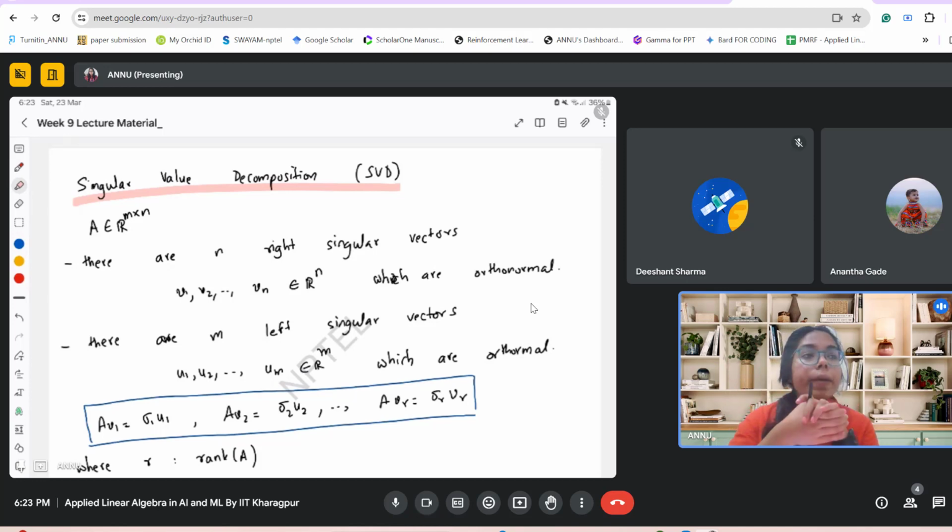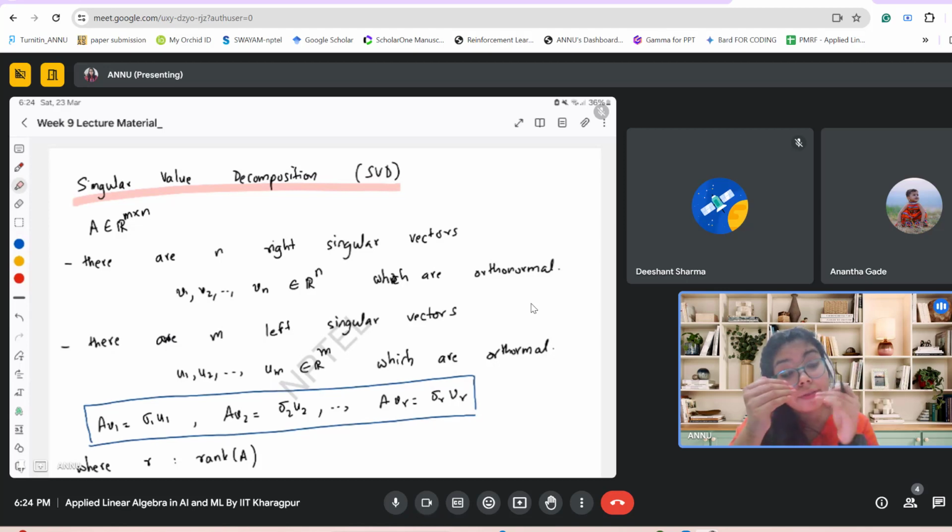One of the basic things that we saw during eigenvalue decomposition is that we can write A equals P lambda P inverse. Any such matrix we can write like this, where lambda is the diagonal matrix of eigenvalues, and P inverse is the inverse of the matrix.